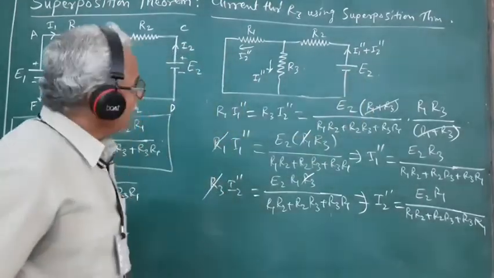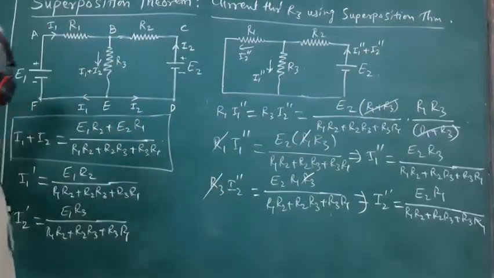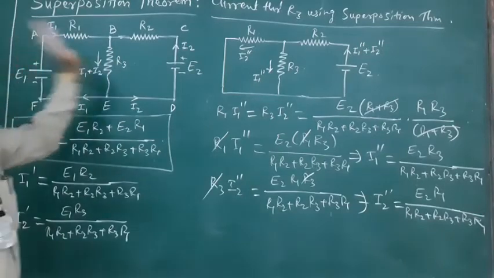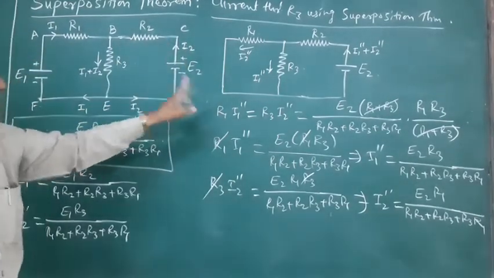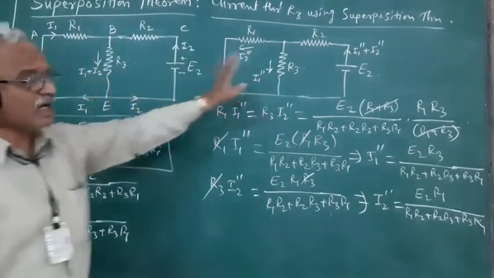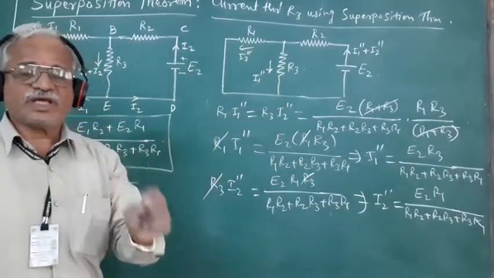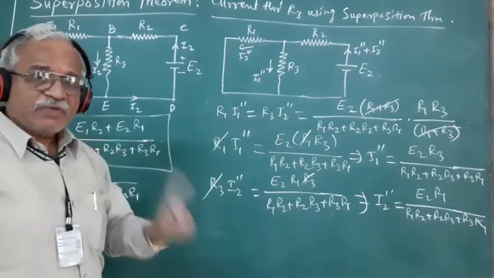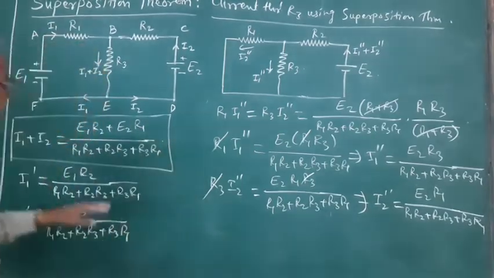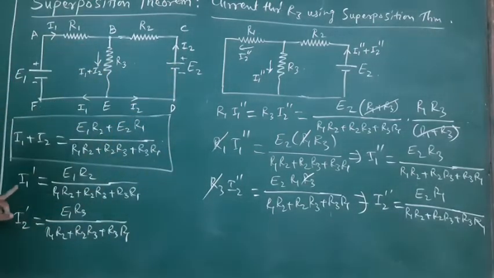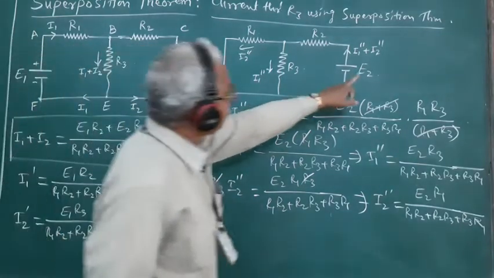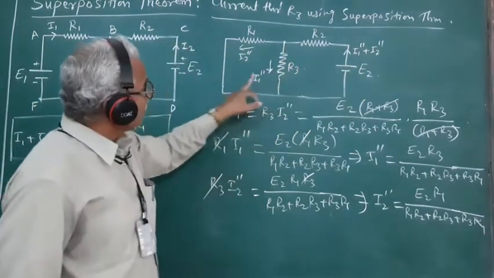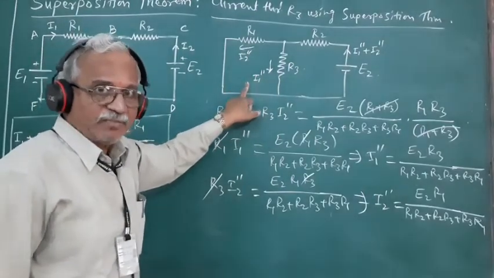So in the presence of both the sources, what will be the current flowing through this resistance R3? That is what we are interested to know. Only due to E1, we have said that the current flowing through R3 is I1 prime, and only due to E2, the current flowing through R3 is I1 double prime.